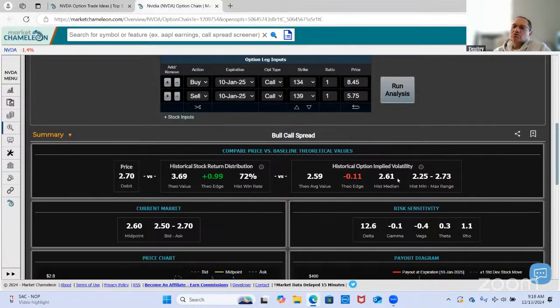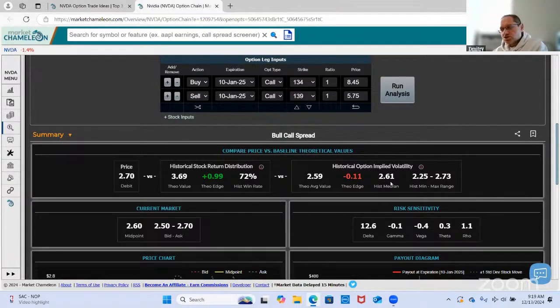And that's $2.61. So that's very close to the average. So based on how options traders tended to price these options, using the historical implied volatilities, this would be around $2.60, right?